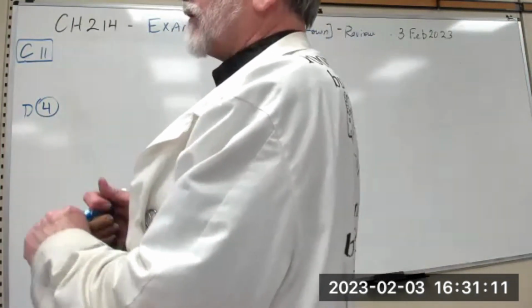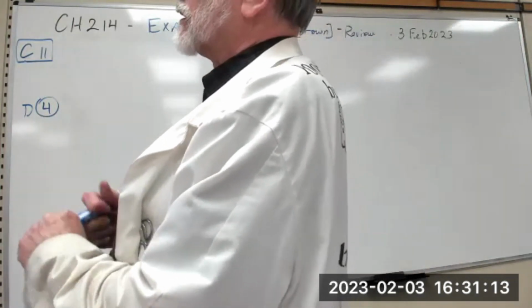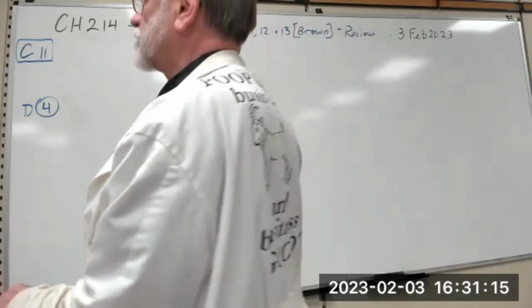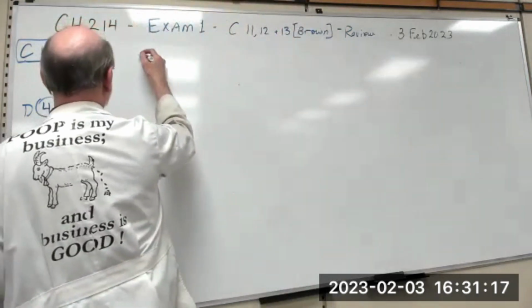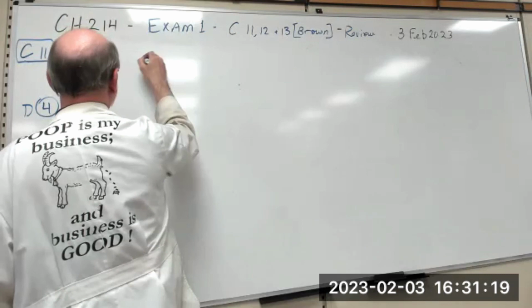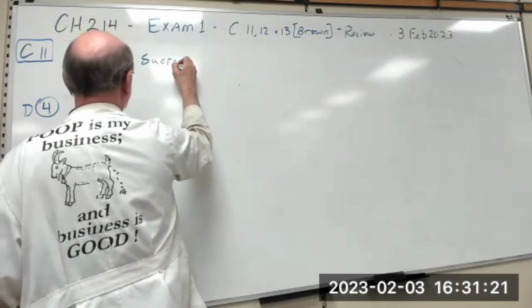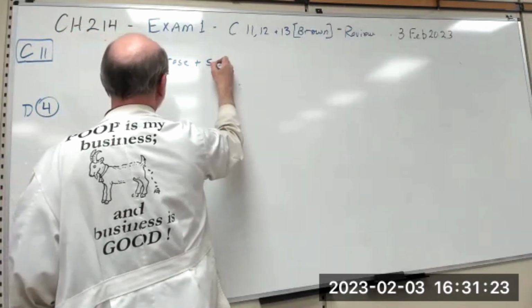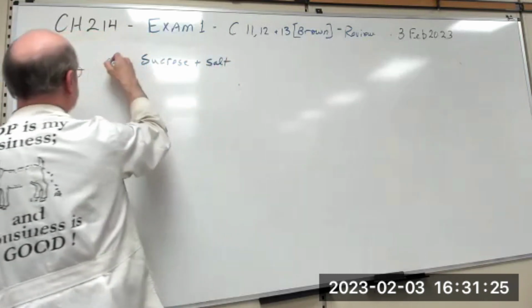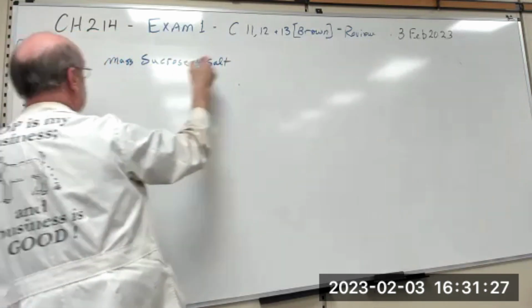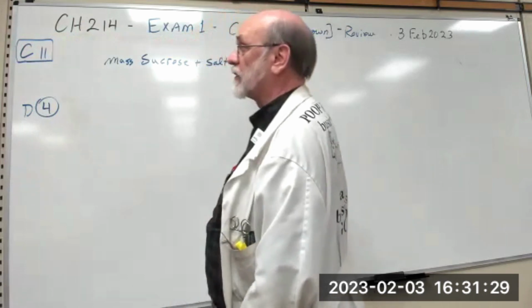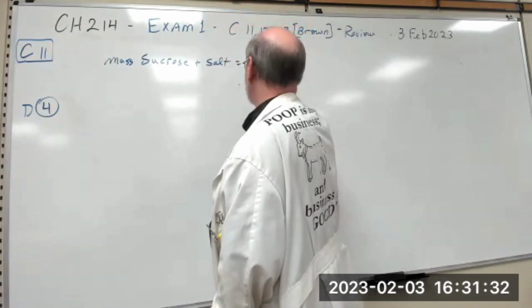So you've got a 10.4 gram mixture of table sugar and table salt. So we've got sucrose plus salt, and the mass of the combination is equal to 10.4 grams.